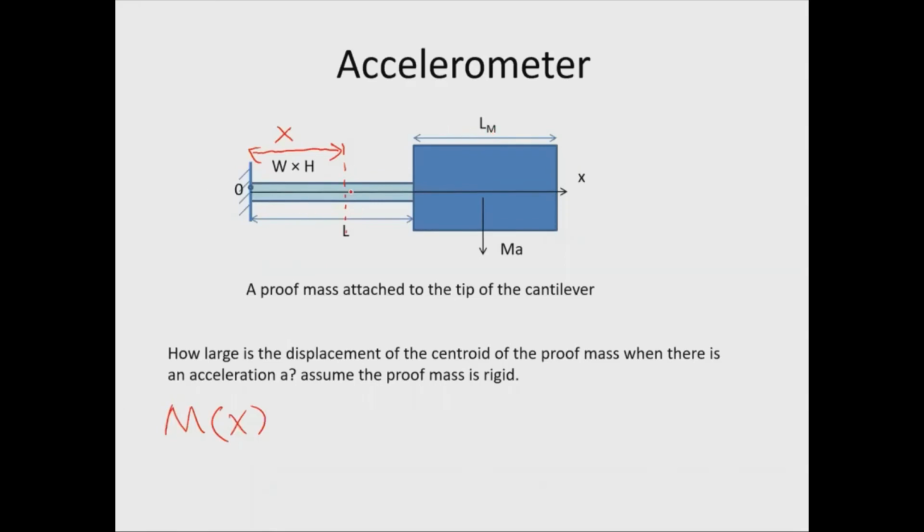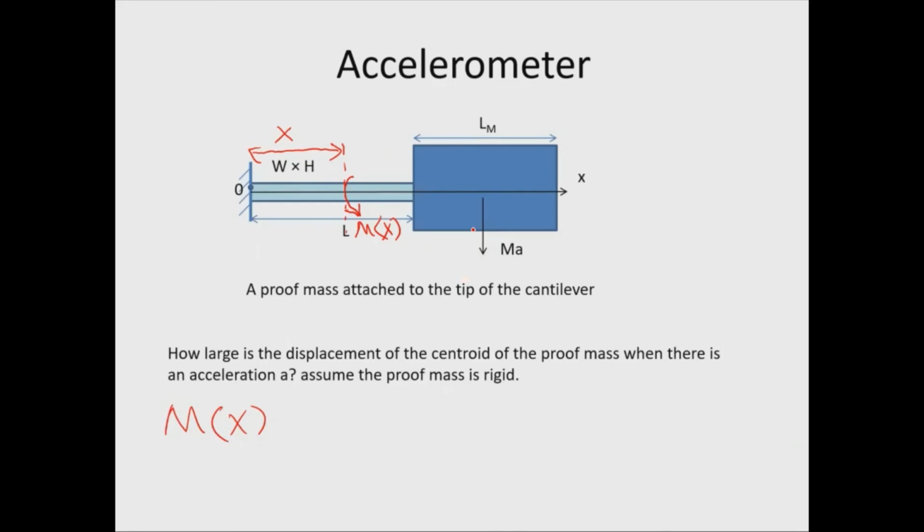Then for the right part to this dashed line, this internal bending moment M(x) in this direction has to balance the clockwise torque generated by the acceleration, by this inertial force ma.